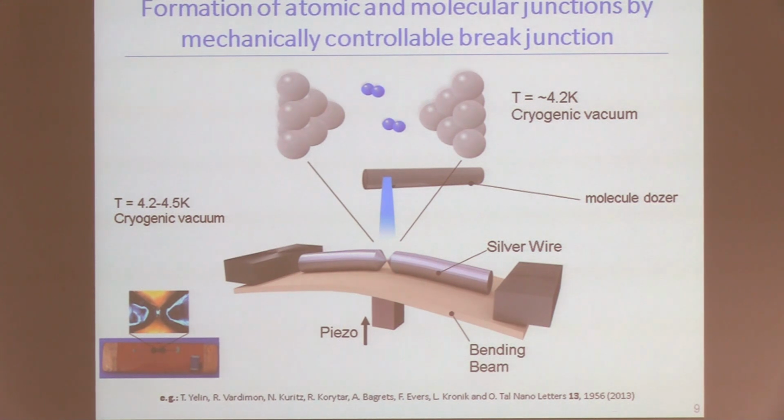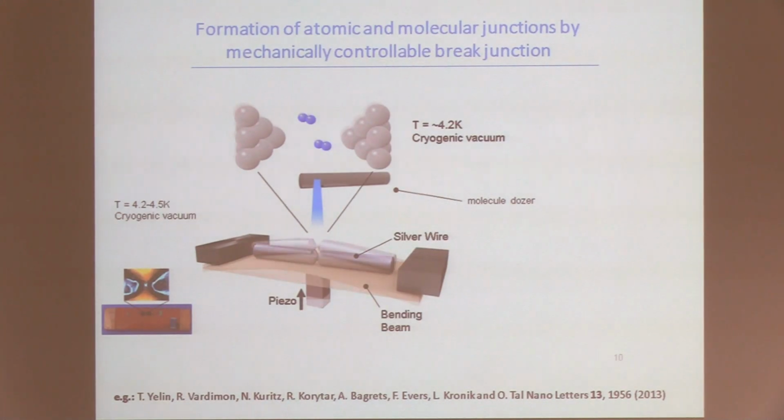We take a 100 micron wire, like silver or gold wire, then we break it in cryogenic vacuum, so it's a very pure environment. Another interesting thing is that we evaporate the molecule in situ. First we characterize the metal junction at low temperature, and then we evaporate in situ, so that we don't have any kind of contamination. So we can check the pure metal and then we evaporate. So this is basically the technique.